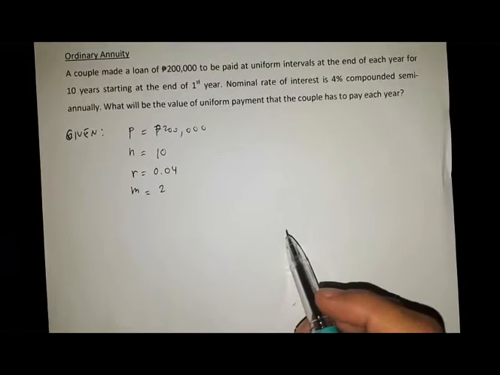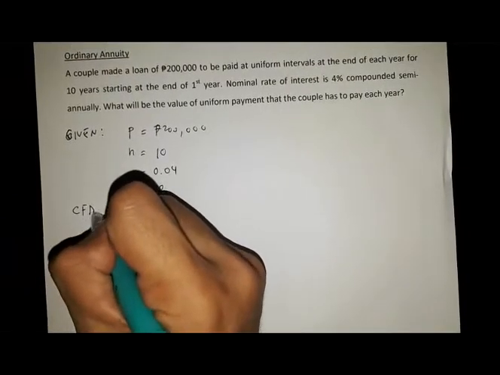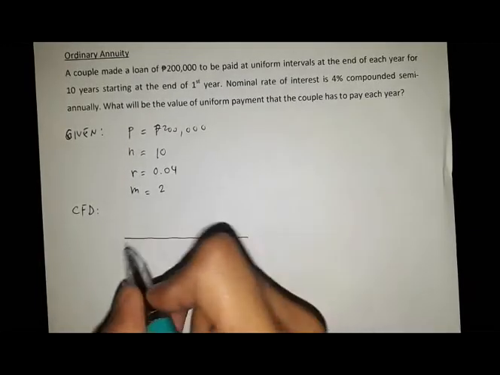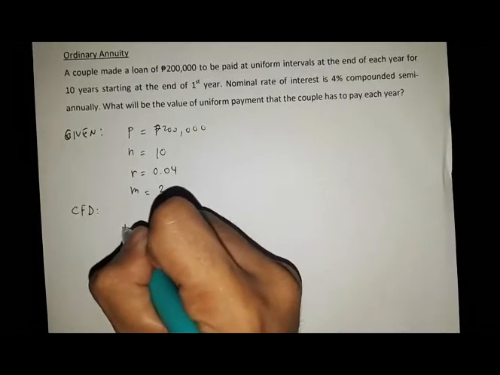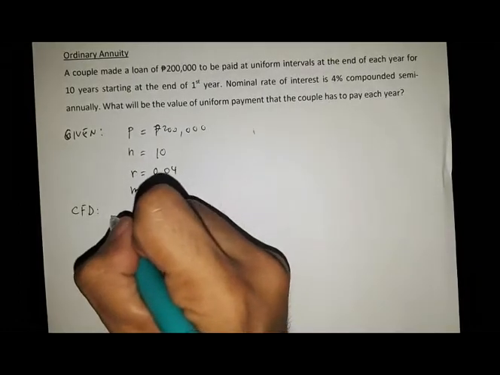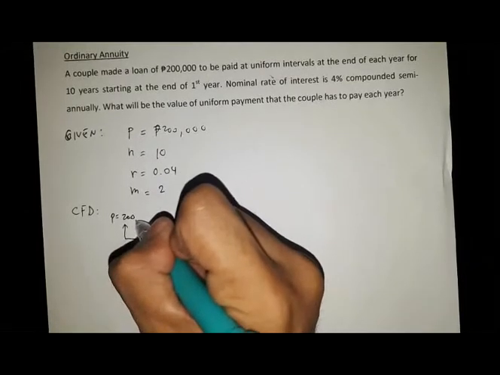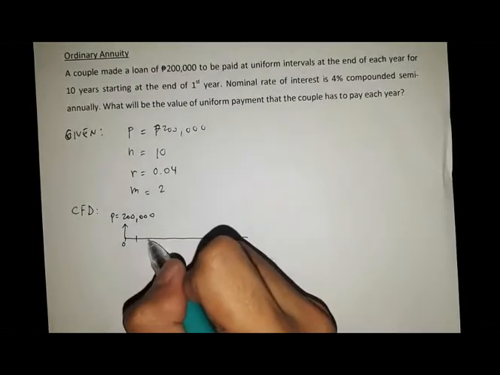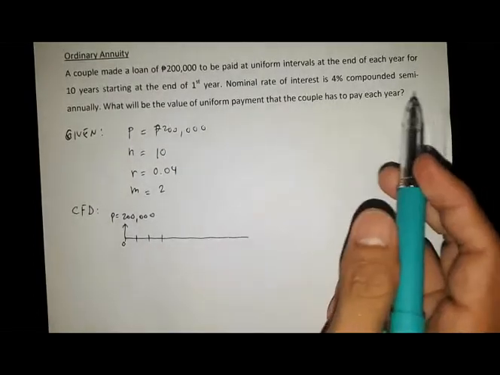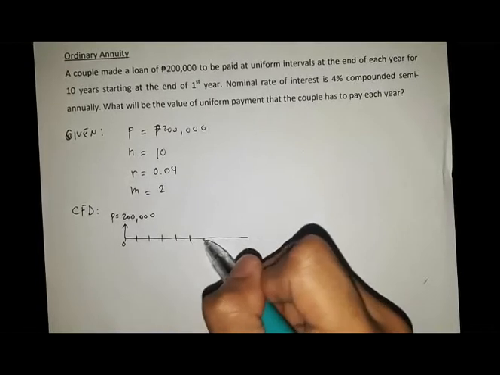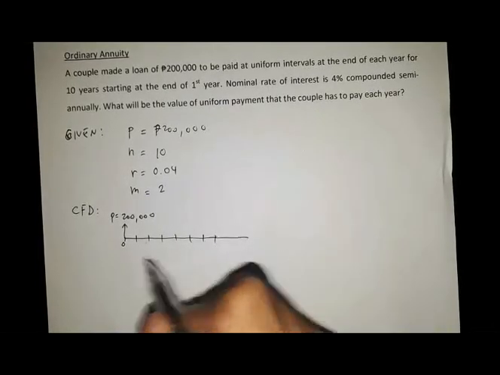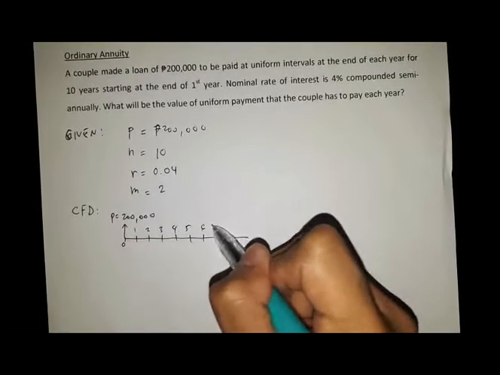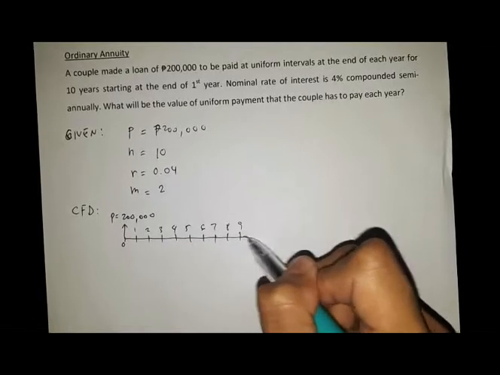So let's draw the cash flow diagram. This will be your cash flow. The couple made the loan of 200,000 here at 0. Then starting at the end of the first year up to the end of the 10th year, for 10 years, they will pay an equal amount of money. 8, 9, and 10.